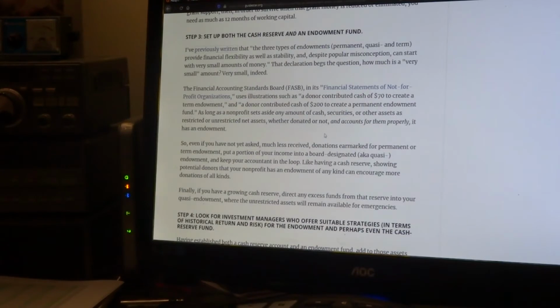As long as a nonprofit sets aside any amount of cash, securities, or other assets as restricted or unrestricted, and I'll talk about that later, net assets, whether donated or not, and accounts for them properly, it has an endowment.